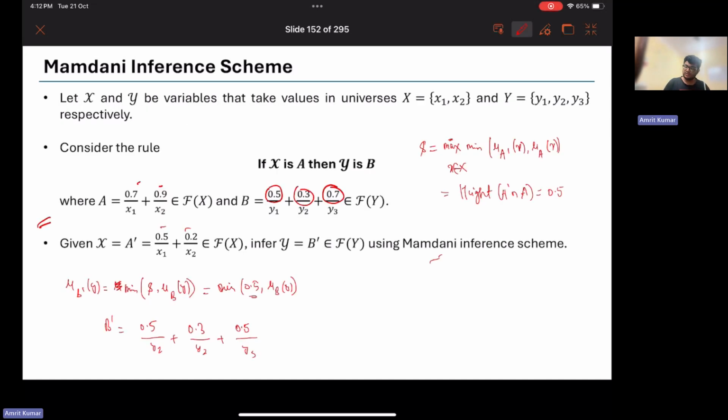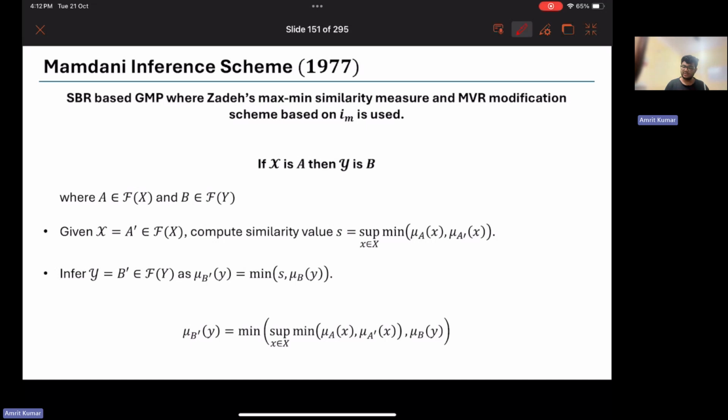Now, I just want to make an observation here. When we talked about MVR modification scheme, this is what we discussed, right? The default MVR modification scheme. And there I made a comment that this way of obtaining B dash from B preserves the shape of B. So if your B is a triangular fuzzy number, then B dash would also have a triangular shape.